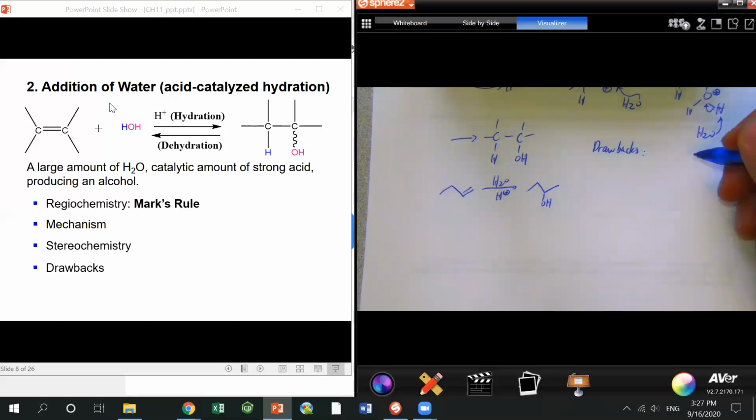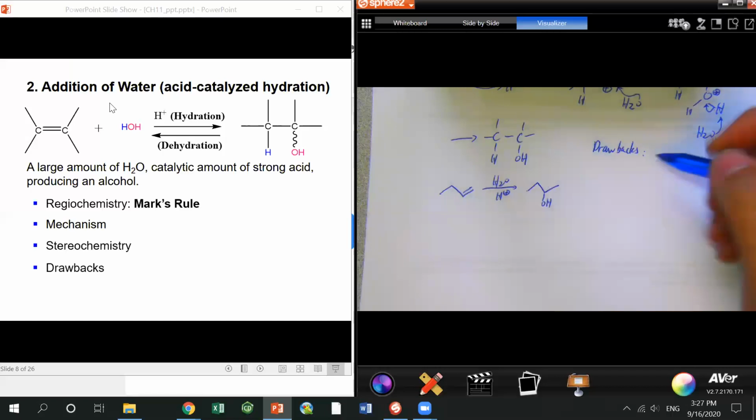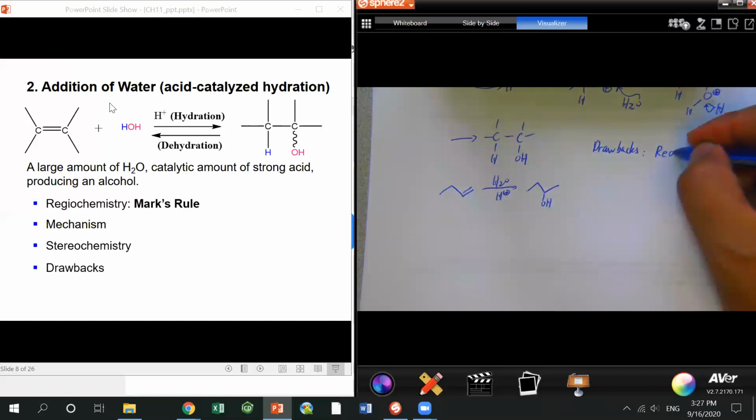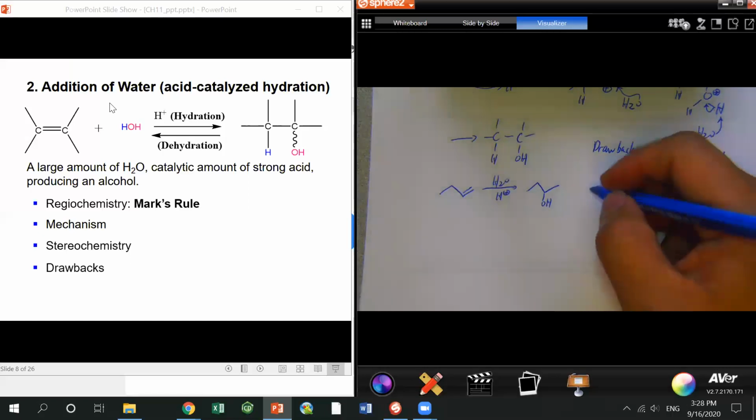First issue: we already know that all reactions involving carbocations can have rearrangement, either an alkyl shift or a hydride shift. Let me show you one example.